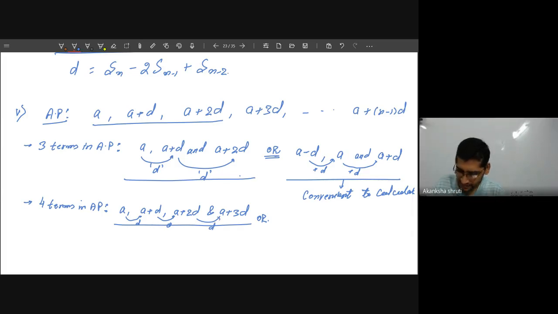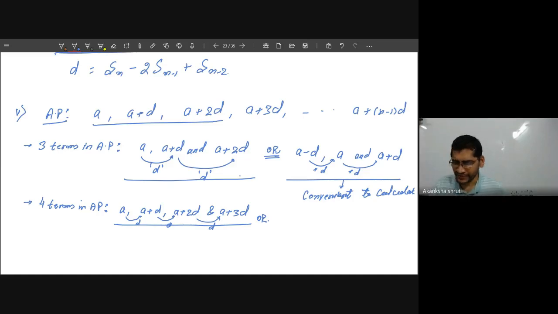But if you have to choose four terms in AP, then you shall choose the terms in a symmetrical manner. How is this symmetrical? Symmetrical means whatever one is being added, if the other is subtracted, then the addition of all those, the negative and positive terms, will be cancelled. So that is the use of symmetry.